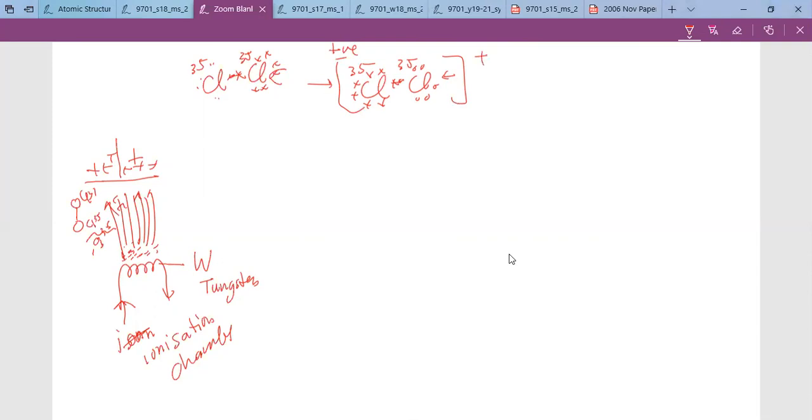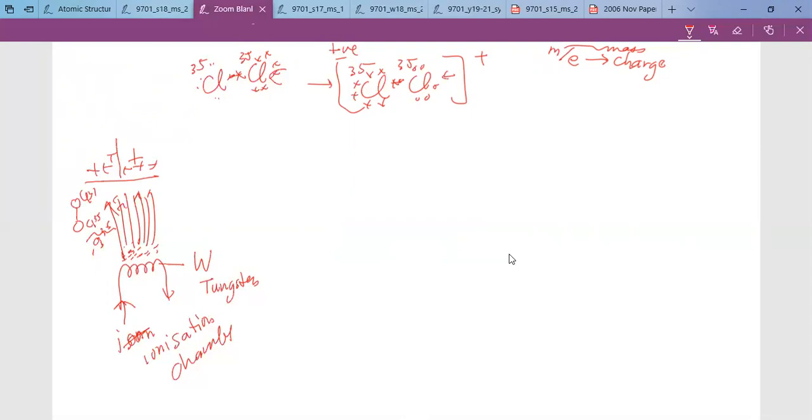Now normally we want to have this thing called m over e, mass over charge, where m is the mass. This ratio is very important because the ions will move and separate according to it.